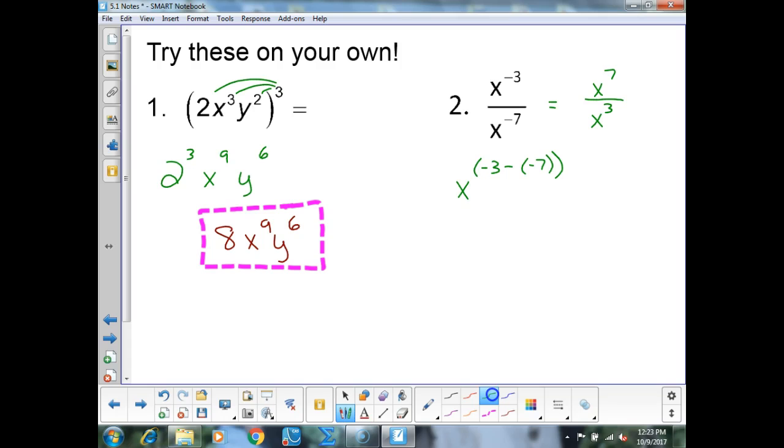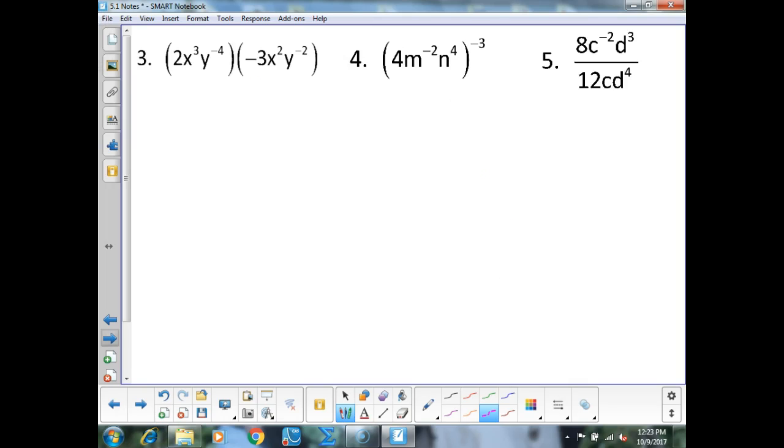Either way, I get x to the 4th power. All good? Okay. 3 more to try, maybe. There they are.